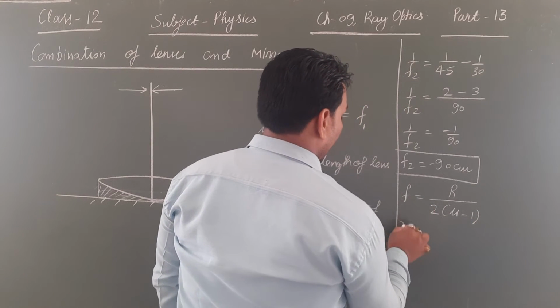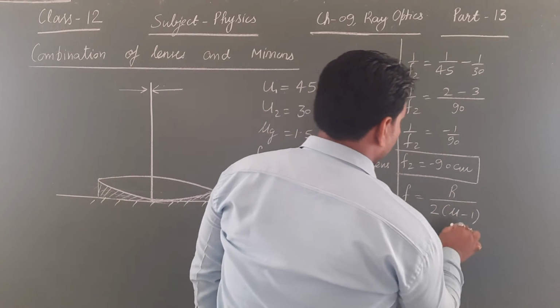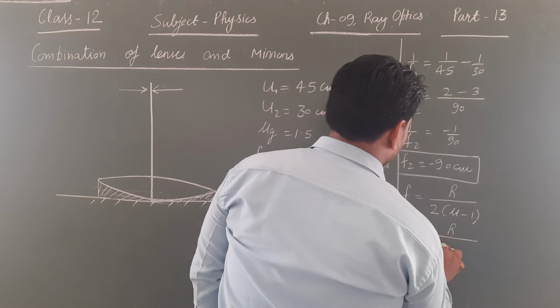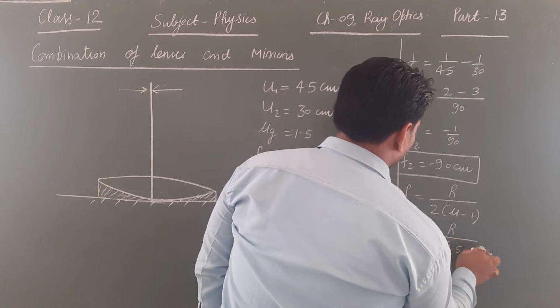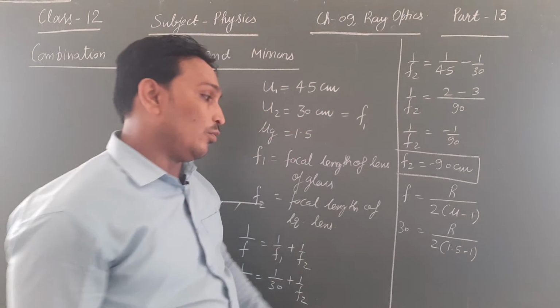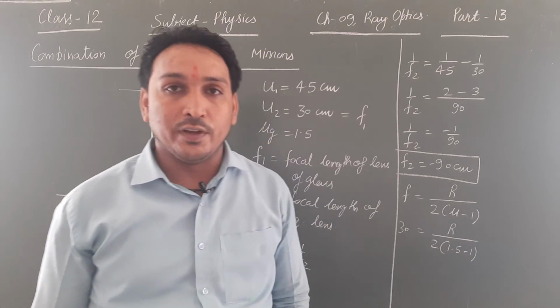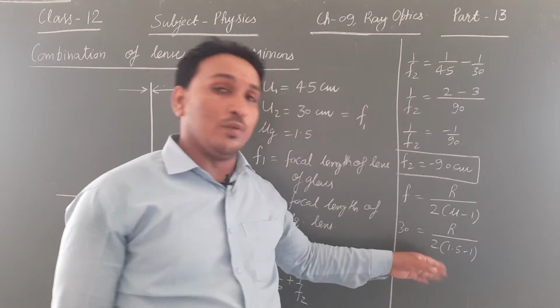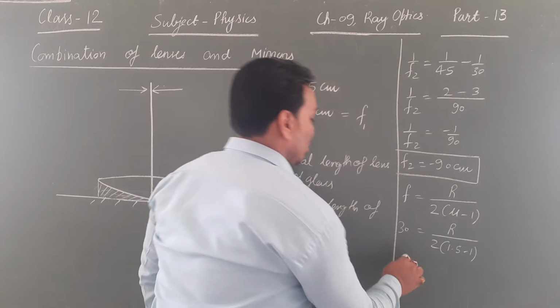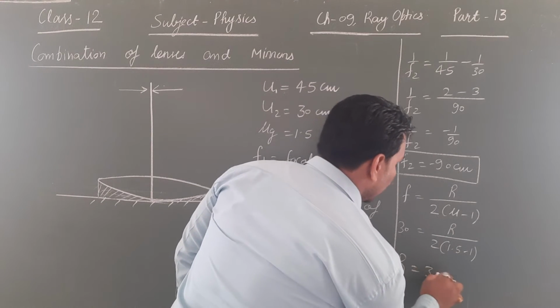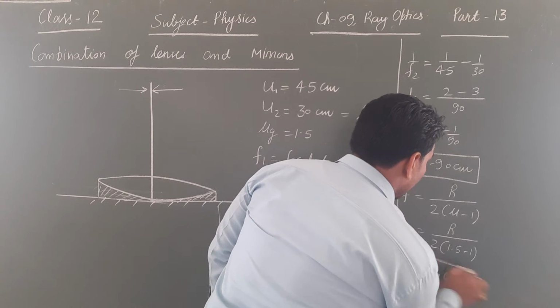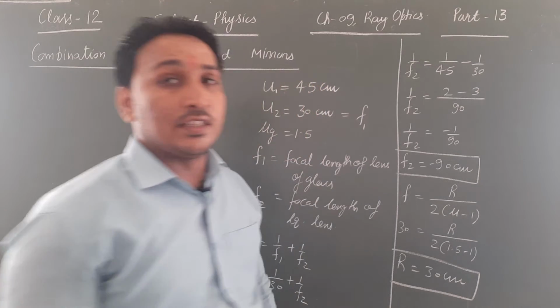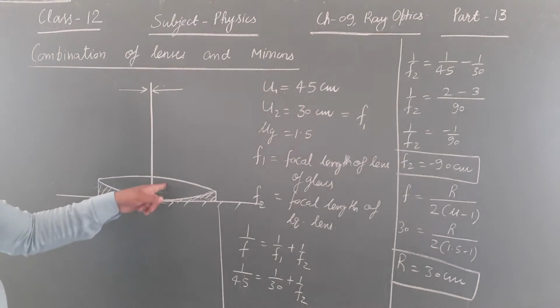The focal length of the convex lens is 30, and the radius of curvature has to be calculated. 2, the refractive index is 1.5, minus 1. Now 1.5 minus 1 is 0.5, and 0.5 multiplied by 2 is 1. So basically r comes out to be 30 centimeter. This is the radius of curvature of the given convex lens.